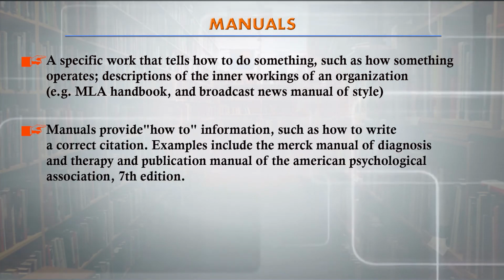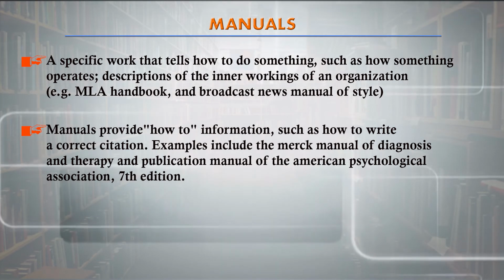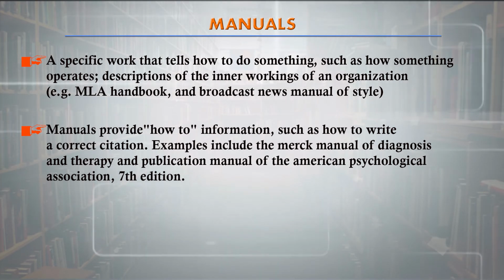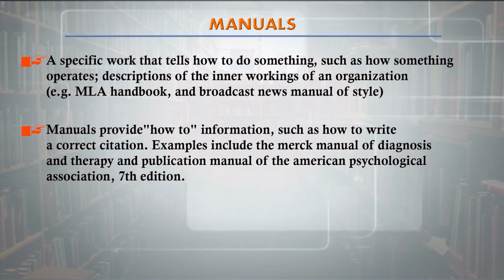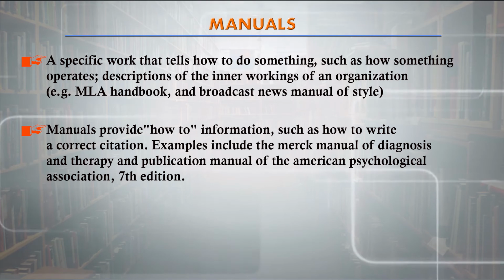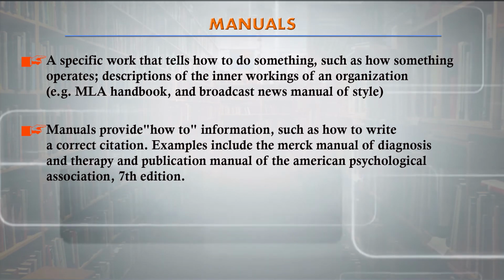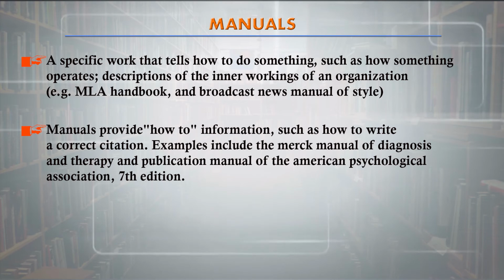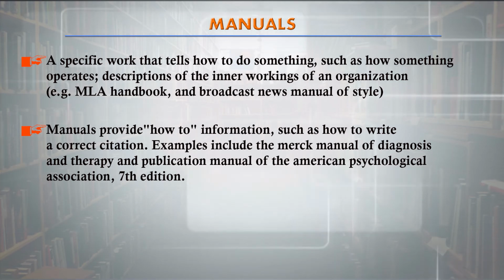So, this way manuals provide how-to information, that is very important in the context of manuals, such as how to write a correct citation. For example, we have the Manual of the American Psychological Association, 7th edition. This is the manual for writing citations.